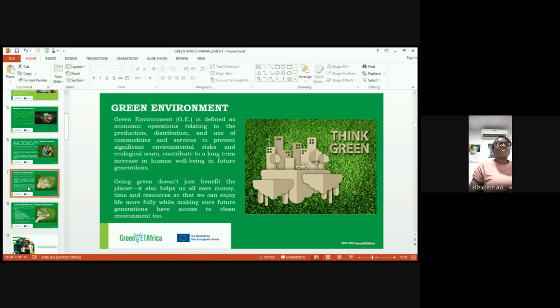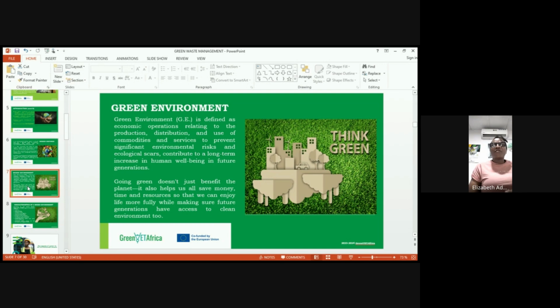So a green environment is defined as the economic operations relating to the production, distribution, and the use of commodity and services to prevent significant environmental risk and ecological scars, and contribute to a long-term increase in human well-being for future generations. So all of these are what I've been able to summarize in my definition of green.